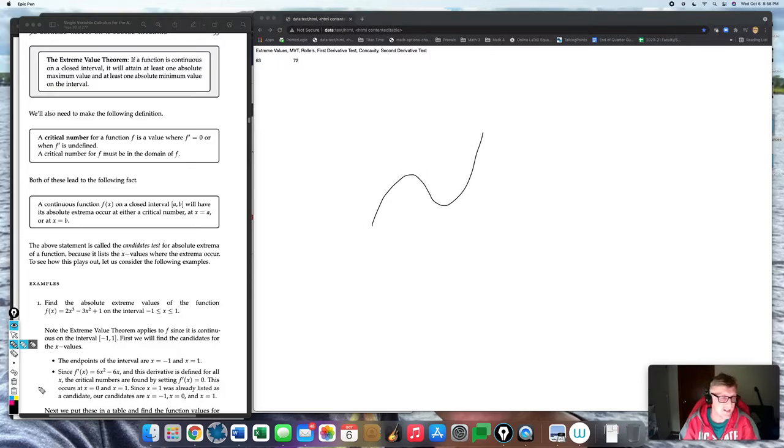But in the case of that cubic function, okay, later on next week you won't be able to find an extreme minimum or an extreme maximum, but what you will do is you might find a minimum or a maximum that's called a relative max, right?